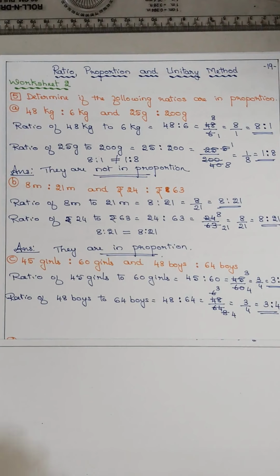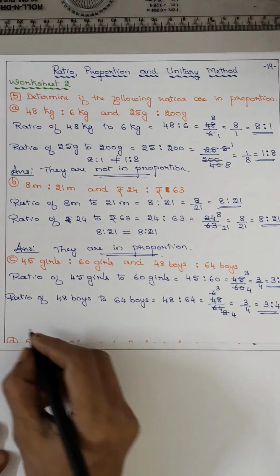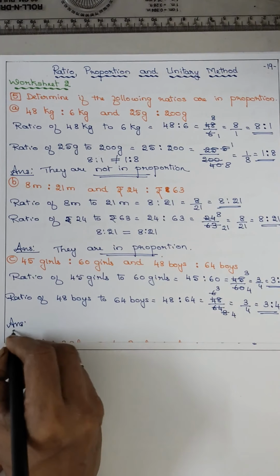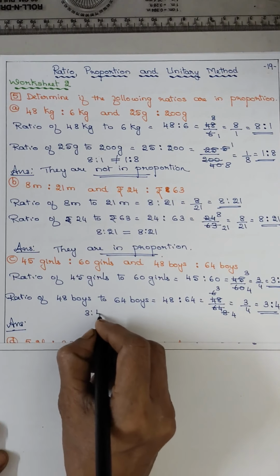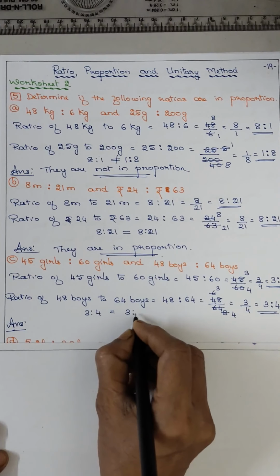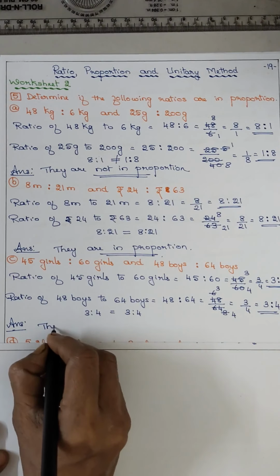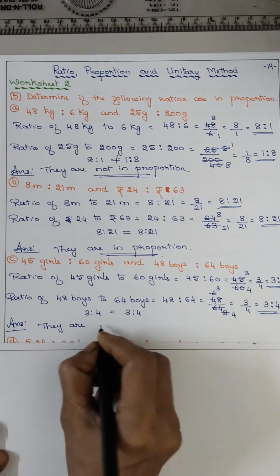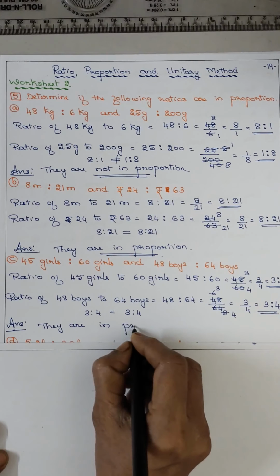Hope you understood the cancellation. Now answer. Okay, 3:4 is equal to 3:4. They are in proportion.